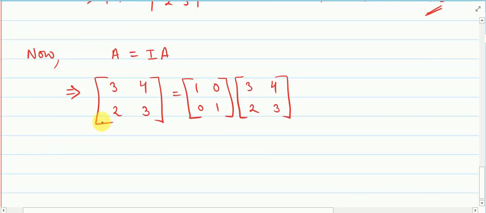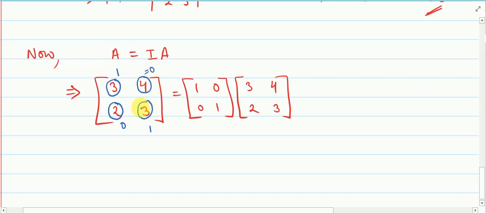Now next is to make this 1, to make this 0, and to make this 0.